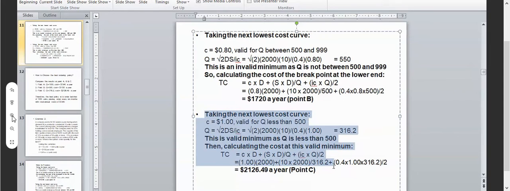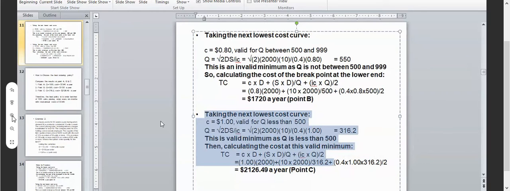Sebab secara automatik unit price pada RM1 kita akan exclude, kita akan keluarkan daripada analisis kita, kerana secara automatik ianya memberikan kos yang tinggi berbanding dengan total cost kuantiti pesanan yang lain.